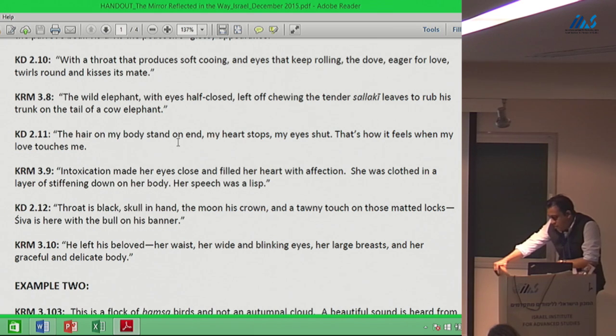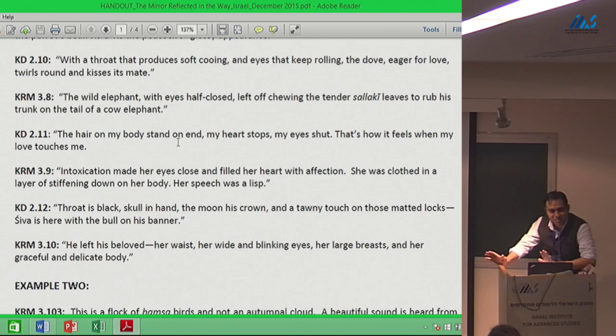Now this is an interesting thing. Of course they sound very similar, and you can say that one is a translation of the other. But you see that the Kavyadarsa verse is from the point of view of the lover, and it reveals an immediacy of the experiential moment, while simultaneously explaining the sensation of being touched by the beloved.